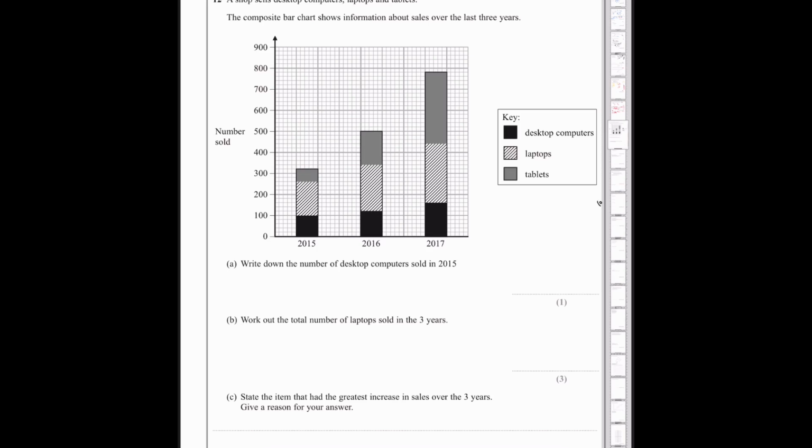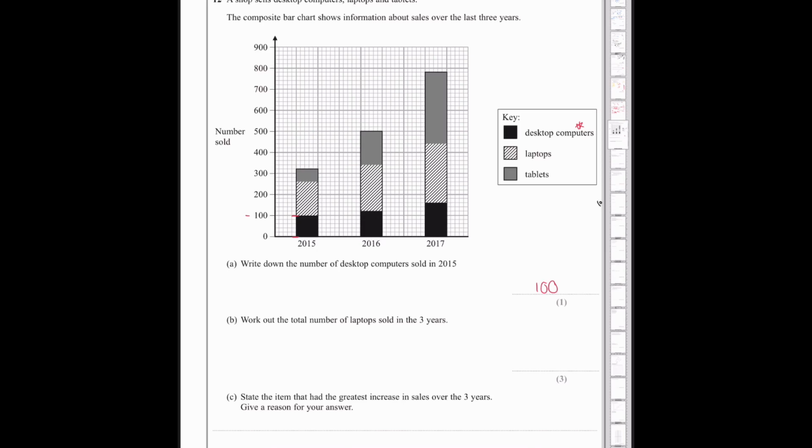So I'm going to go to my 2015 bar just here, and work out how many desktop computers were sold in that year. Desktop computers is the black box, so all it's going to be is from here to here. And that's nice, that's 100. Nice and easy. 100 desktop computers were sold.